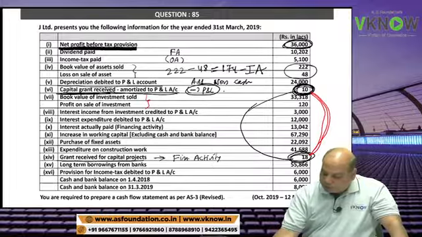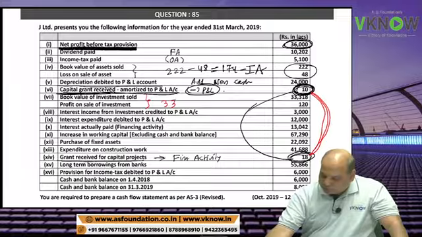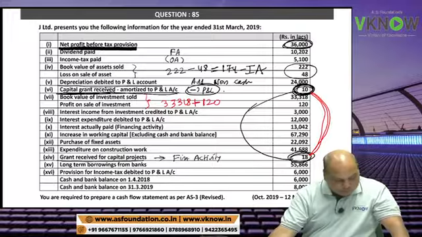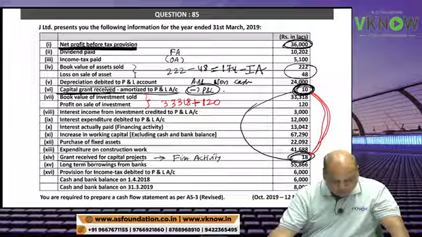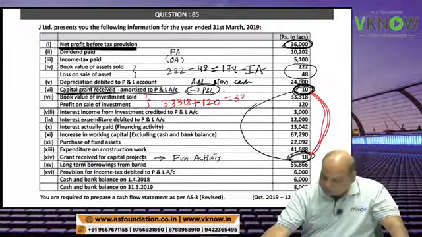Book value of investment sold is 33,318, and plus you have made profit here. If it is profit you will add, so your cash flow from sale of investment would be 33,438.